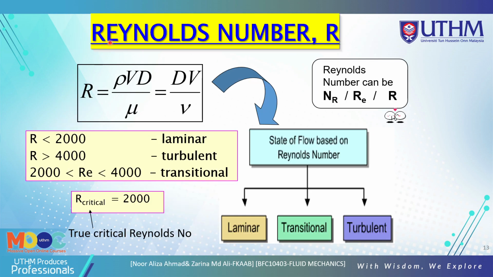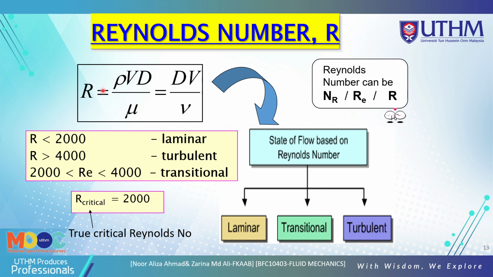Okay, using the Reynolds number, we use this formula. Reynolds number is equal to density times velocity times diameter divided by dynamic viscosity, which is equal to diameter times velocity divided by kinematic viscosity. So this is the formula for Reynolds number.